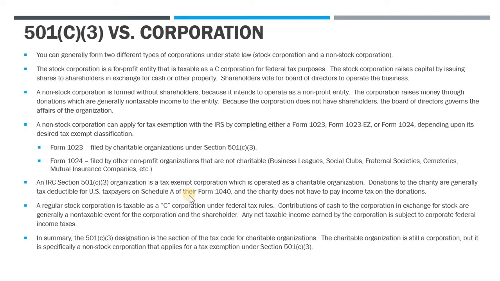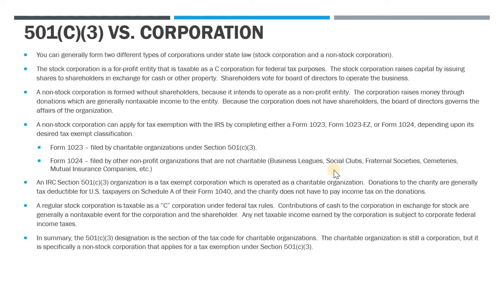Now, what's important here to know, if we go back to the 1024 issue: if you donate money to a charity, a 501c3 organization, you can take a tax deduction. If you donate money to some of these other types, like a business league or social club, that's not charitable.